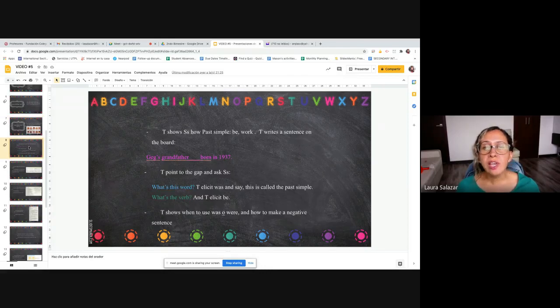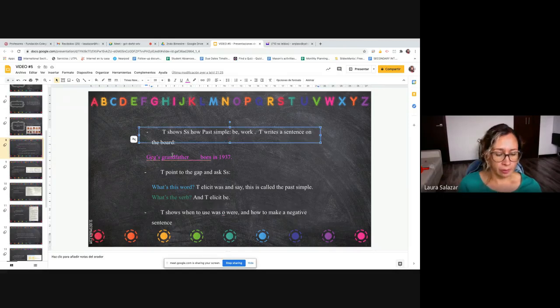The teacher shows students how past simple be works. The teacher writes a sentence on the board: Greg's grandfather, blank, born in 1937. So you have a gap in here, and the teacher points to the gap and asks the students, what's this word?